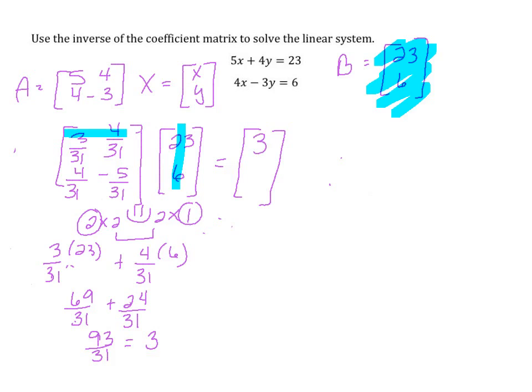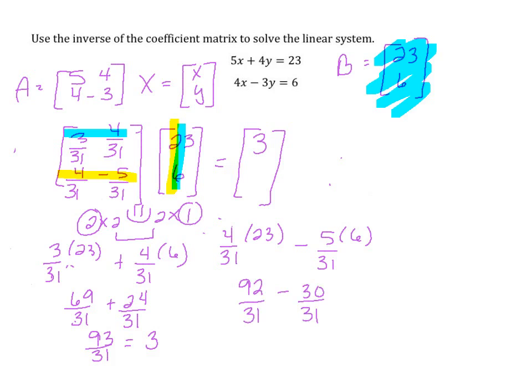And now we can do the bottom by the left. So we have 4/31 times 23 minus 5/31 times 6. So 92/31 minus 30/31.